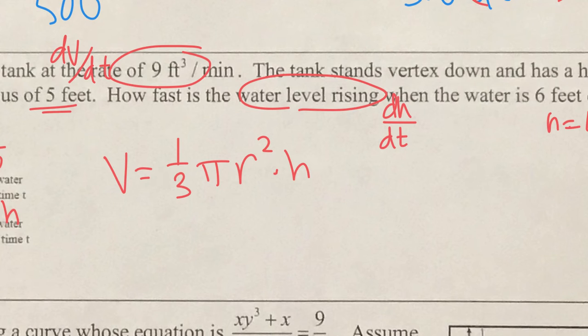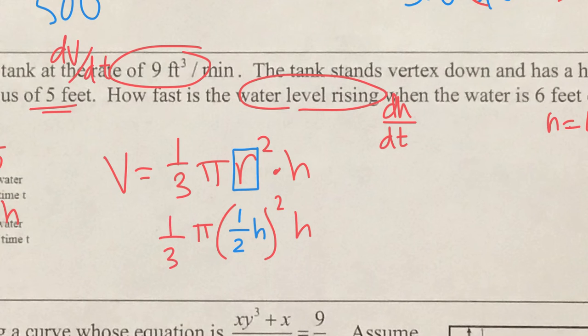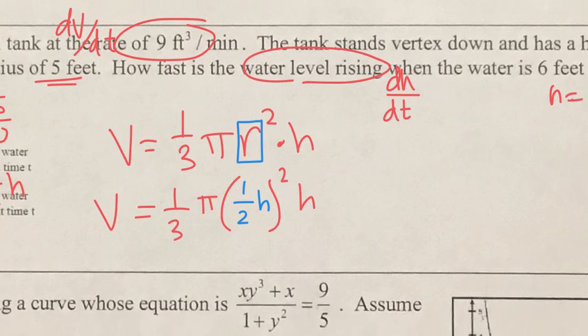Now, because we want dH dt and you know the radius, we're going to want to do some geometric substitution in order to replace our radius with a height. Just a second ago we said the radius was half of the height. So I'm going to replace radius with half of height and simplify this volume formula before I take its derivative.